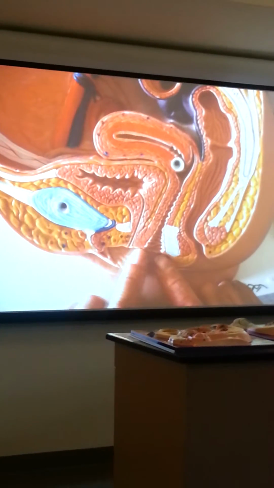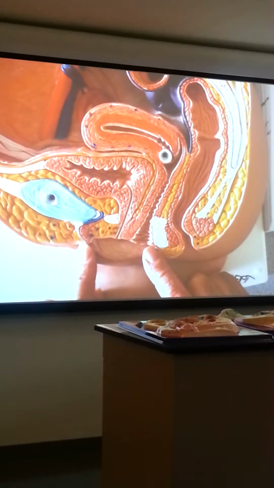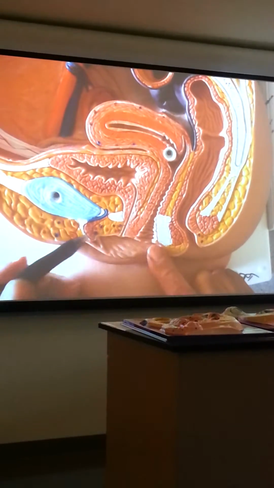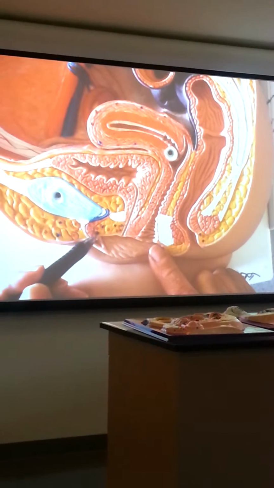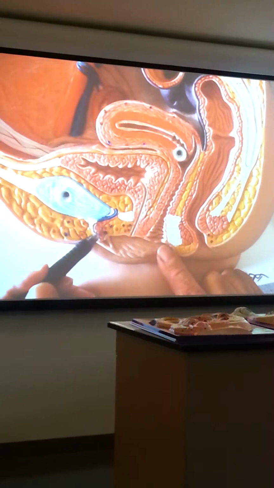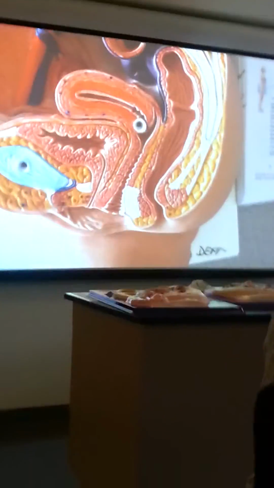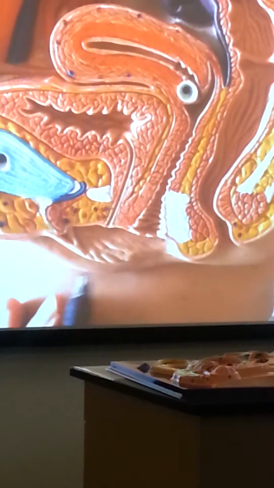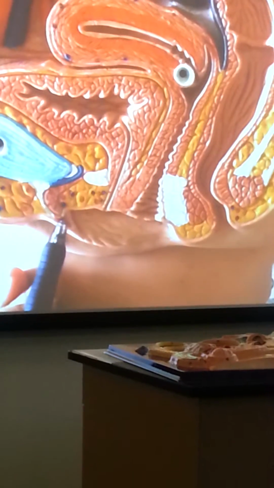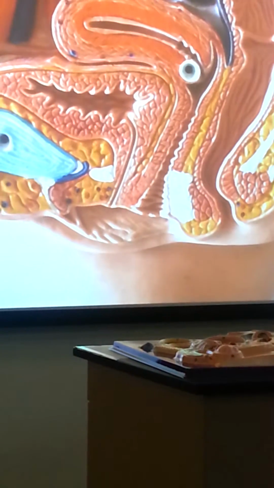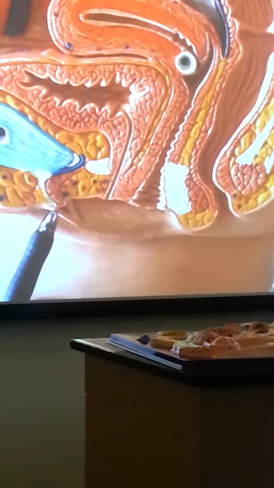That opens up into this area here being the vestibule. The foremost part of the vestibule has the clitoris, which is like a corpus cavernosum, and it's got a lot of nerve endings there, and it's covered by the labia minora, acting like a hood or a prepuce covering it.